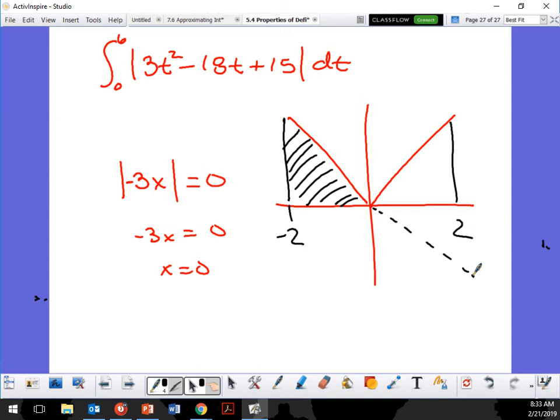And when I was done, what would happen? I would end up with 0, right? Because I would end up back here. So I would have a positive going that way and a negative coming back, right? Positive going that way, negative going back.